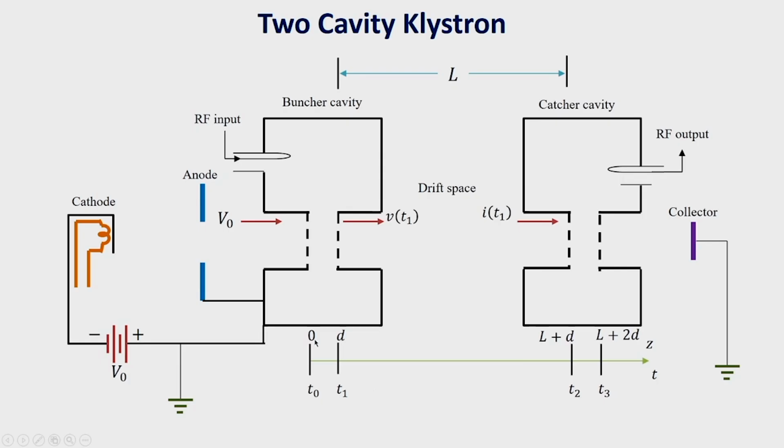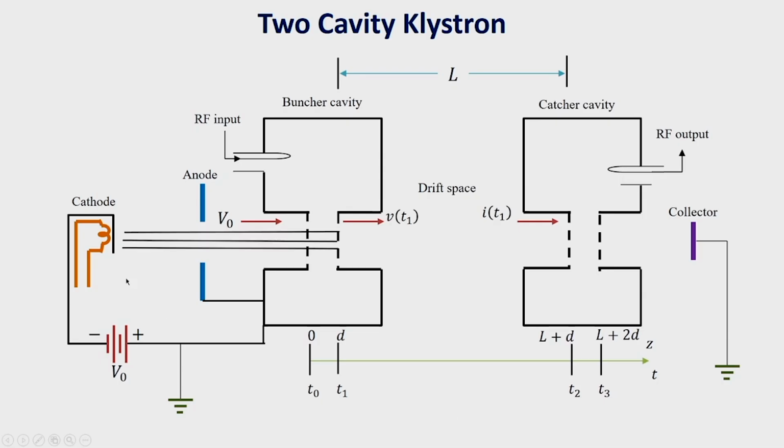Here we have two scales, one showing the distance z and another showing time t. At the instant t0, the electrons enter the buncher cavity. At the instant t1, they leave the buncher cavity. It may be noted that in this region there is no electric field, and this is the drift space.